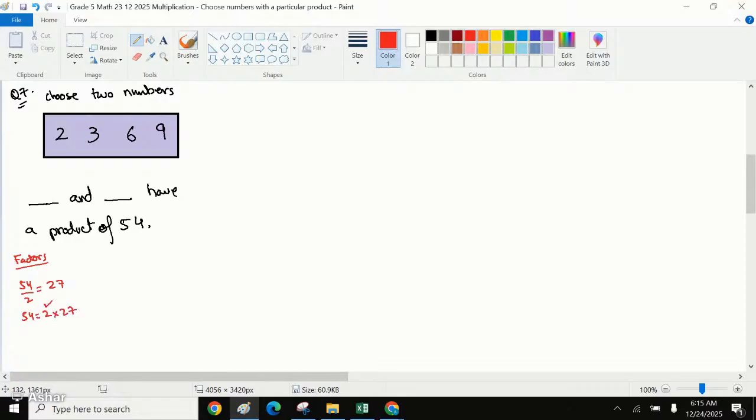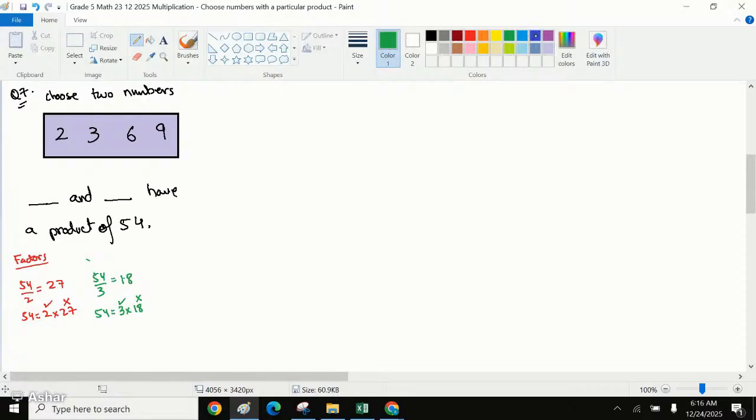We have 2 in the options, but we do not have 27 in the options given to us. Let's look at the next one. Can 54 be divided by 3? We get 18 as our answer. What we can say is 54 is 3 multiplied by 18. We have 3 in the options, but we do not have 18 in the options, right?